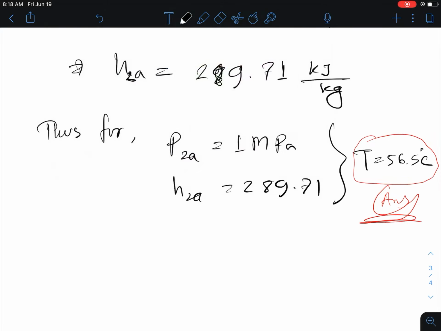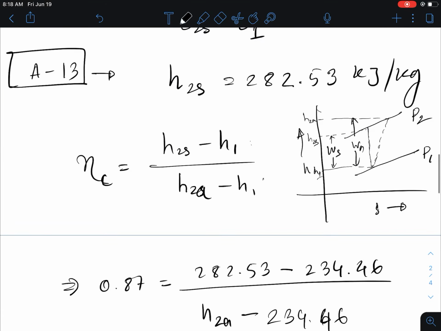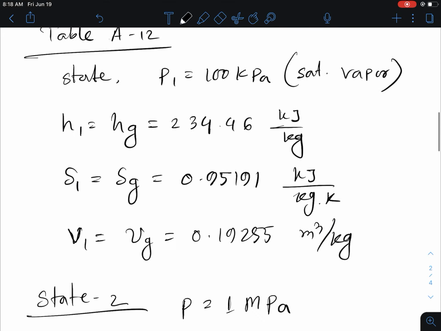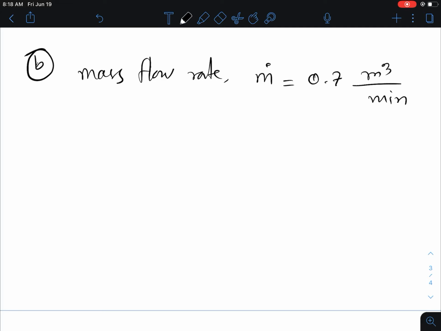And then let's do B. This was for A. For B, it's asking what is the power input of the pump. For the mass flow rate of the refrigerant, we have the volume flow rate equal to 0.7 meter cube per minute, right?